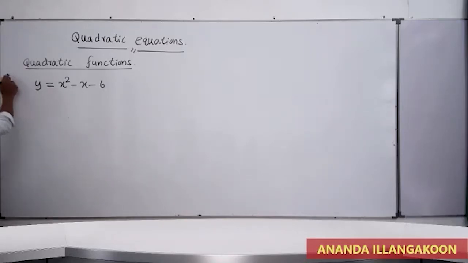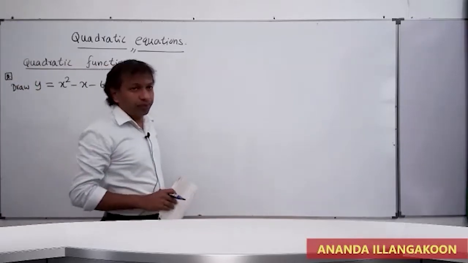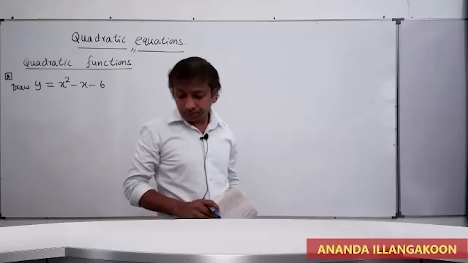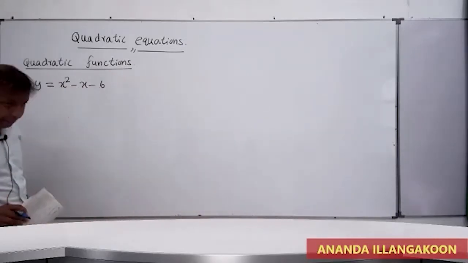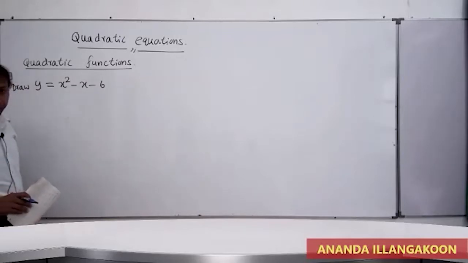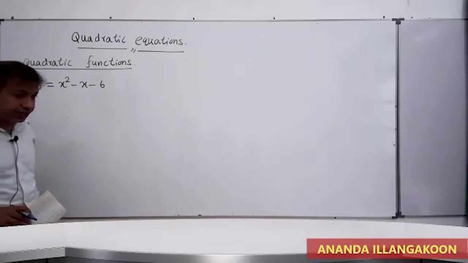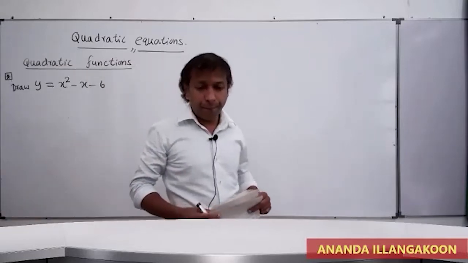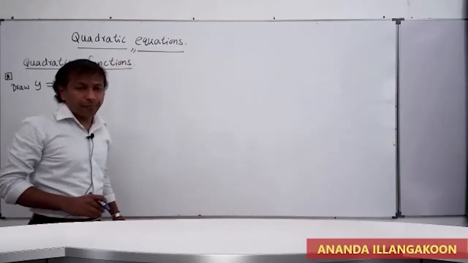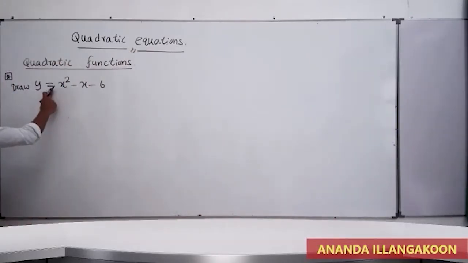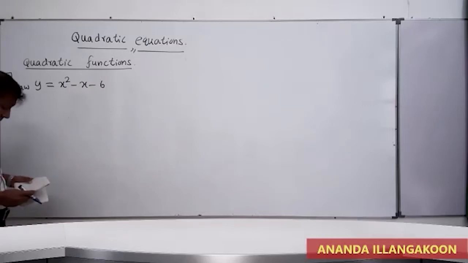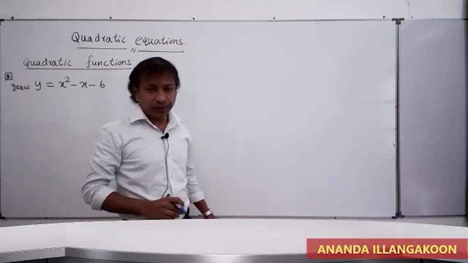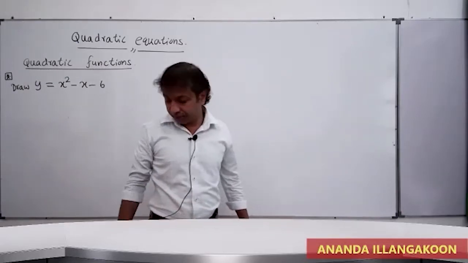Under quadratic functions, write down: draw the graph of the function y equals x squared minus x minus 6.